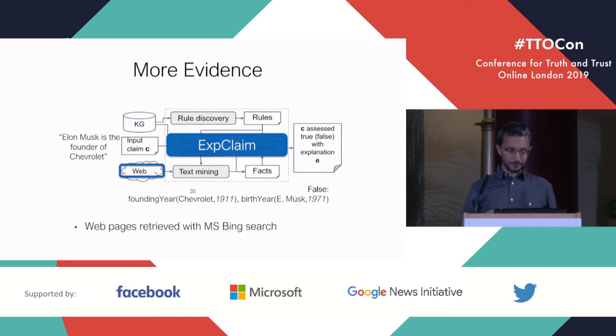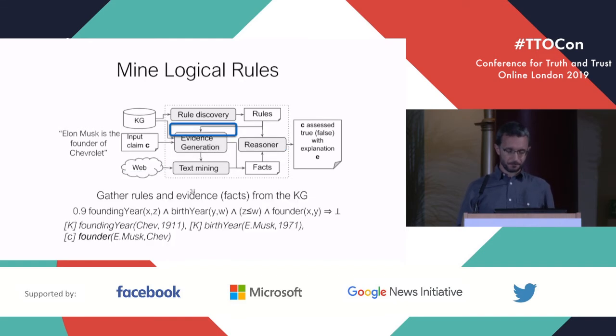Okay? We also have a module that is going over the web to find more evidence. So this can be replaced with other documents, with Elasticsearch or a database, anything that can provide more evidence at the extensional level, which means at the level of the triples that are missing in the knowledge base.